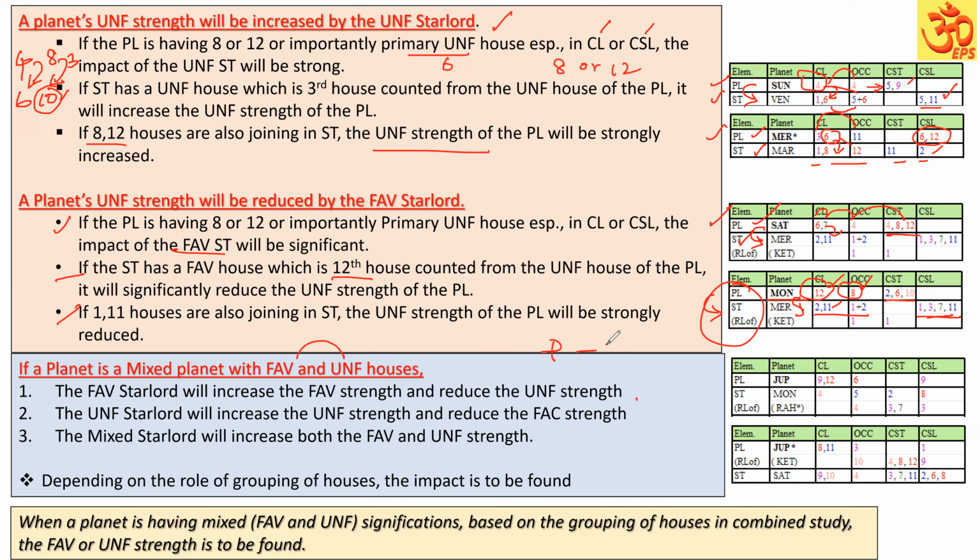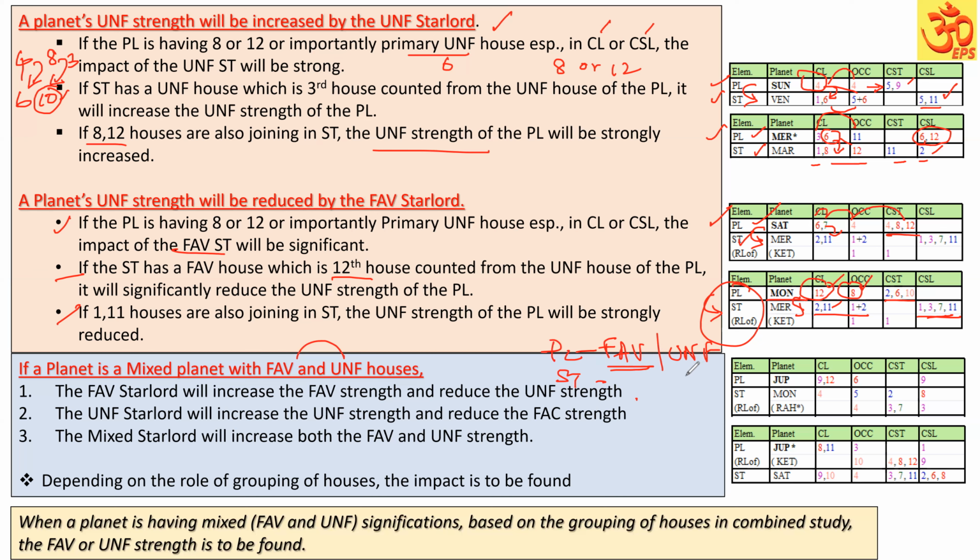Suppose the planet is having both favorable and unfavorable. The star lord, if it is favorable, will increase the favorable strength of the planet. If it is unfavorable, it is going to increase the unfavorable strength.